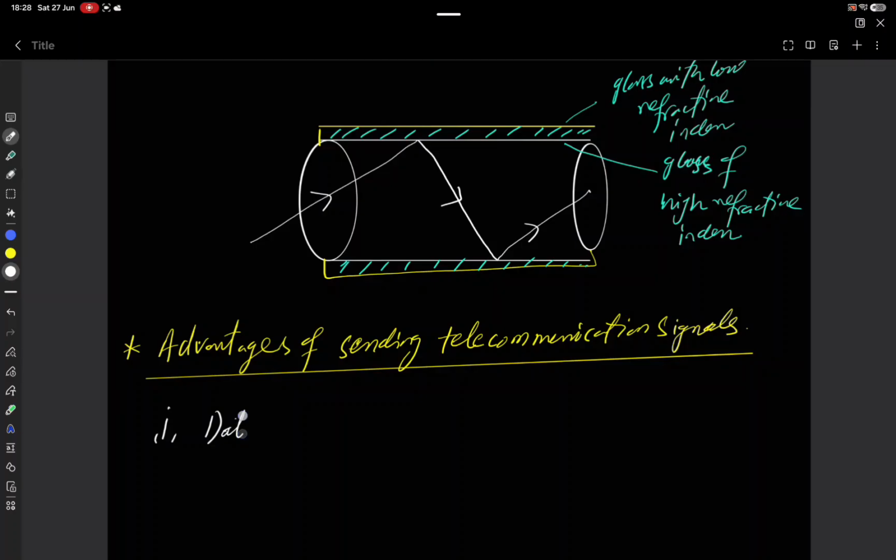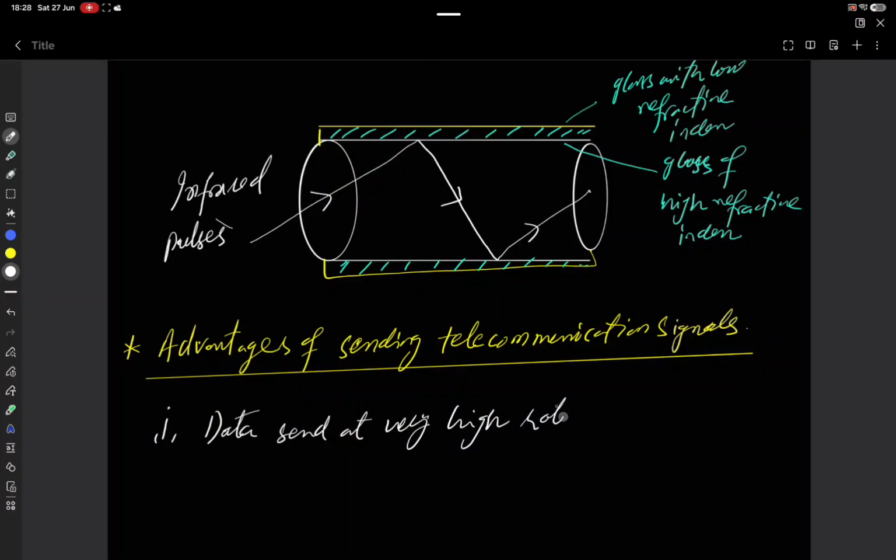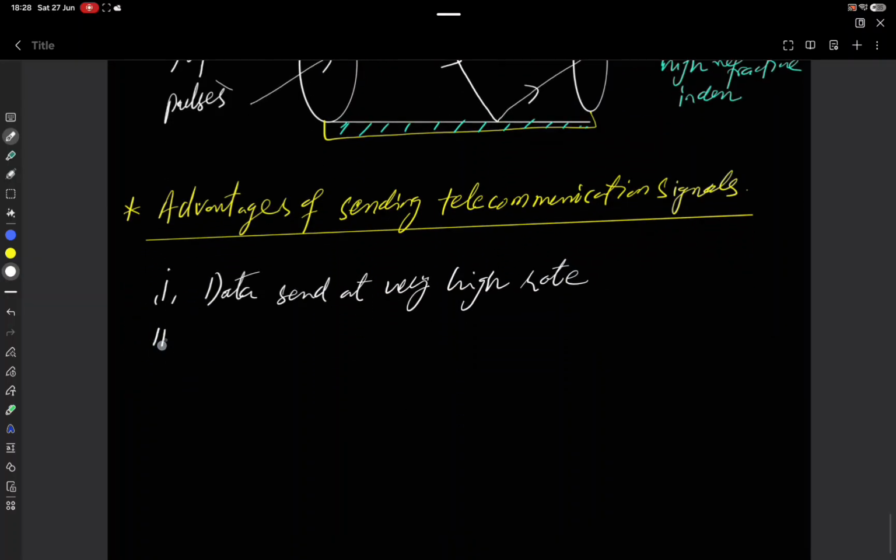Data is sent as infrared pulses, data sent at a very high rate, more immune to electrical interference.